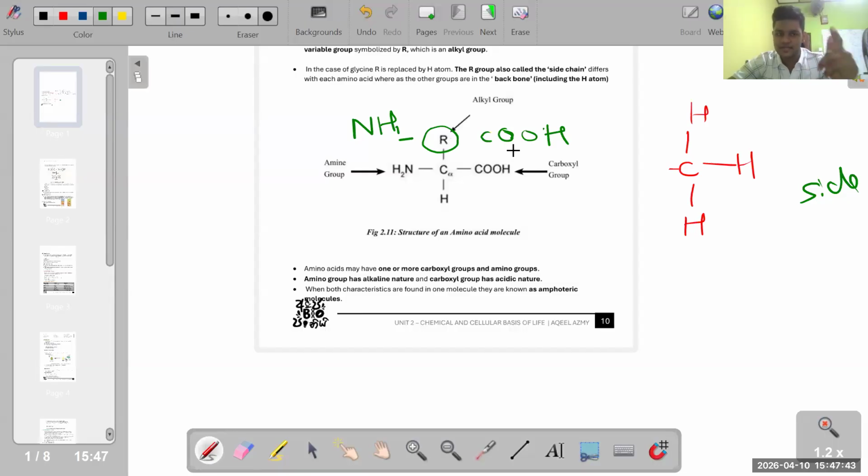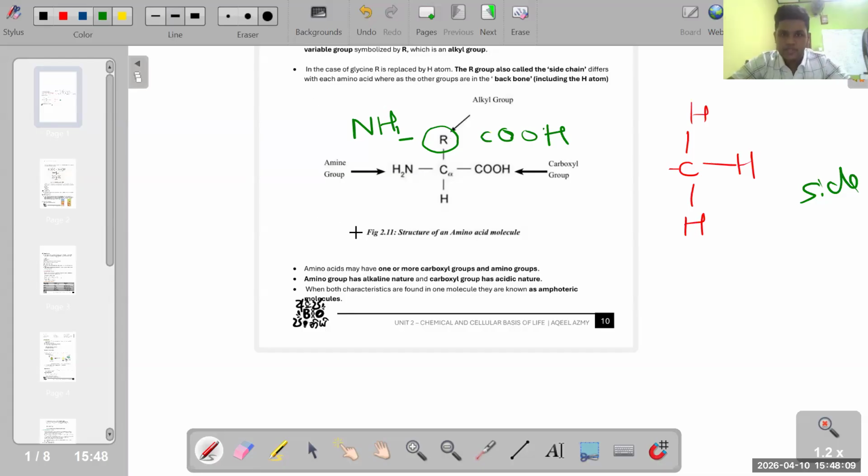It has both acidic nature and basic nature. Now you can give a hint or a guess how this amino acid would behave. It has both acidic and basic nature, right?